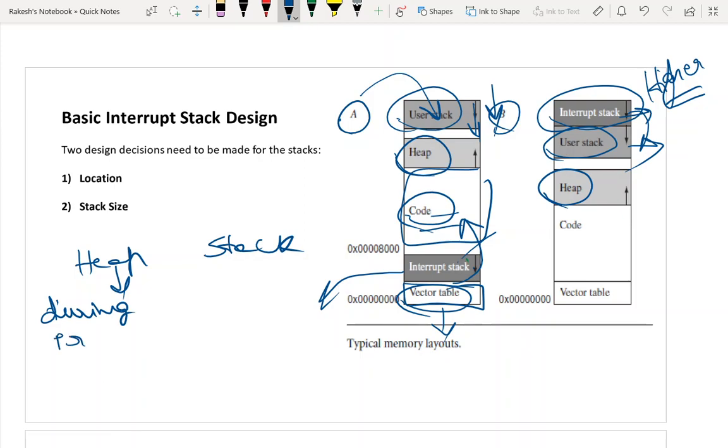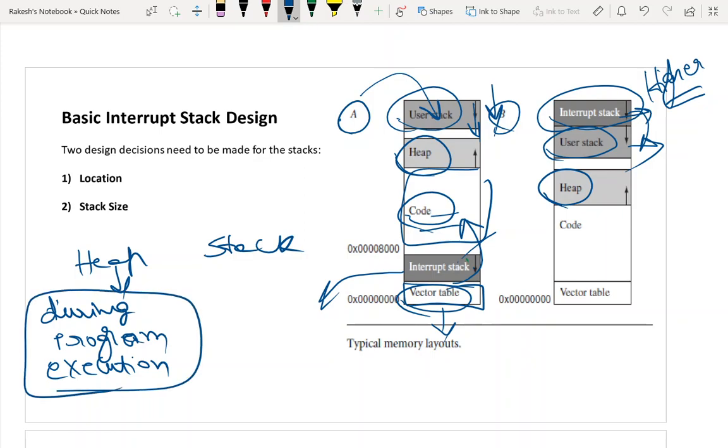Whatever contents you want to push during program execution are pushed into the heap. This is basically dynamic memory allocation, because whenever the instructions are getting executed, at that time you assign the memory. That is what the heap is, whereas stack is more of a static memory allocation.